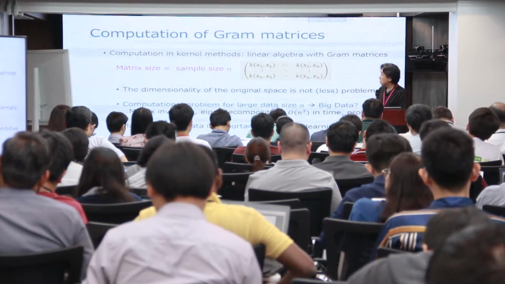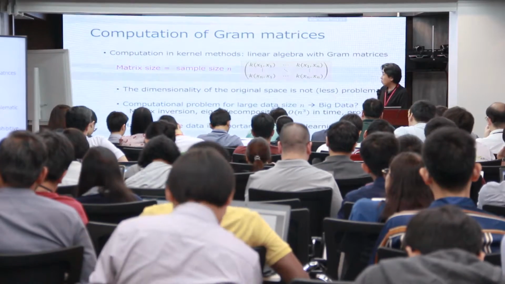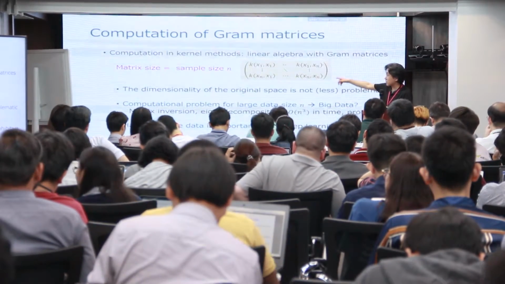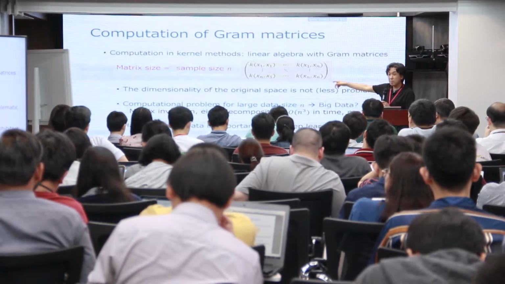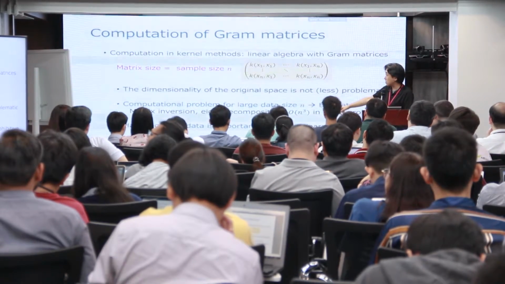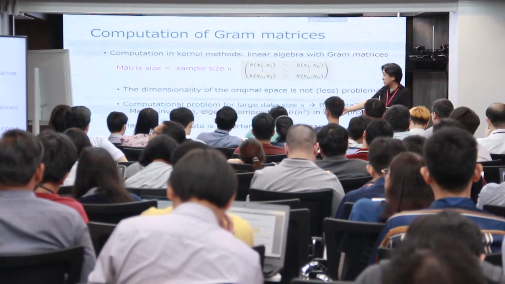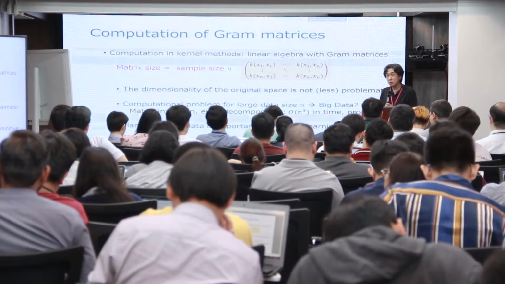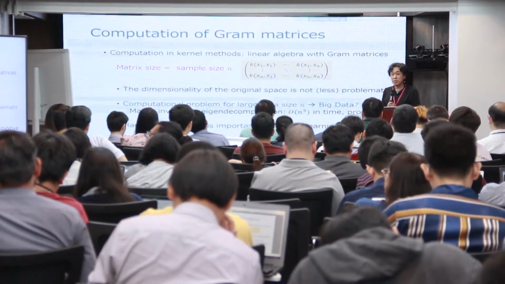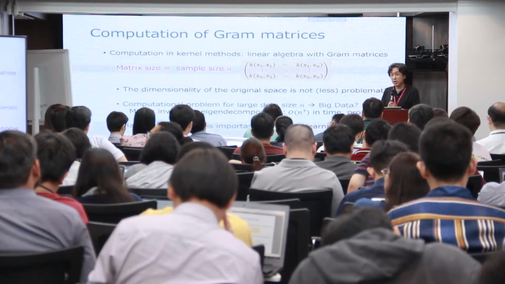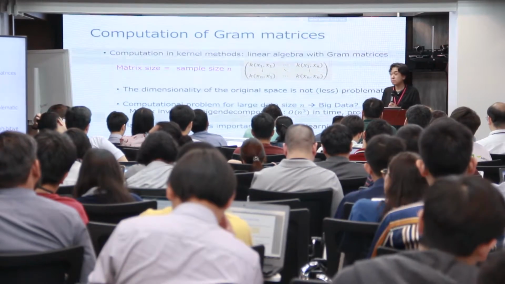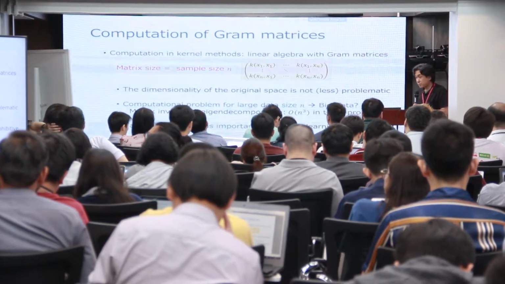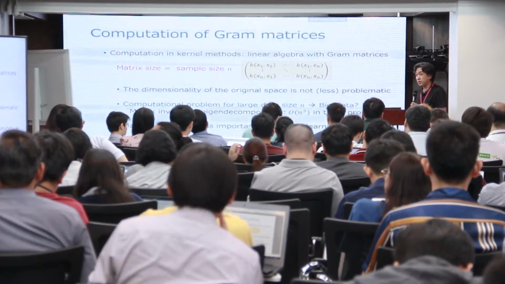For example, we often want to compute the matrix inversion of the Gram matrix. But matrix inversion or eigendecomposition requires n cubed. If n is million, that is impossible with our current supercomputer. And the memory is also a very big issue if n is medium.